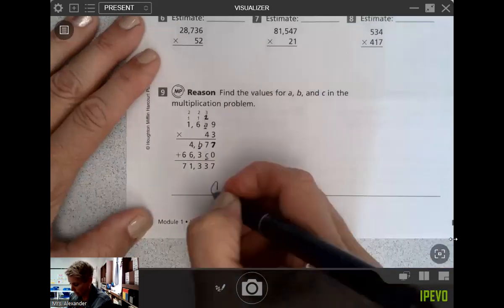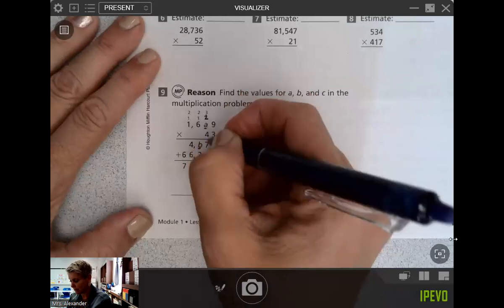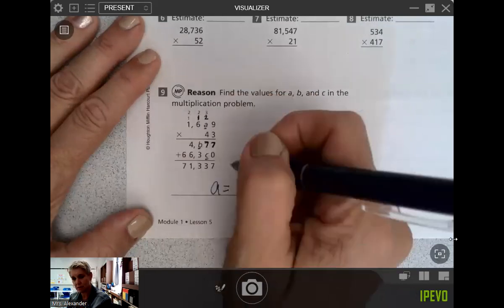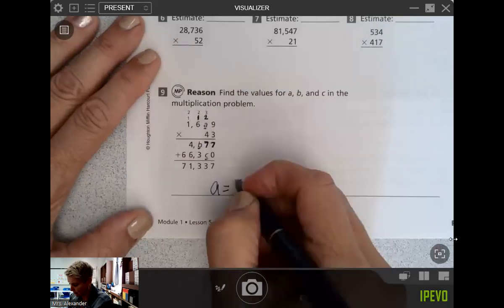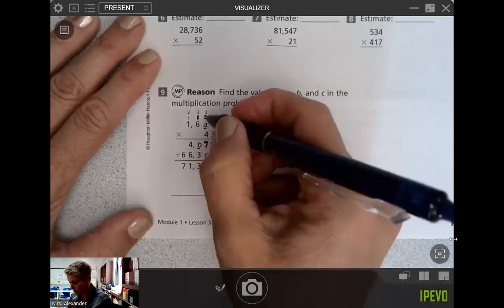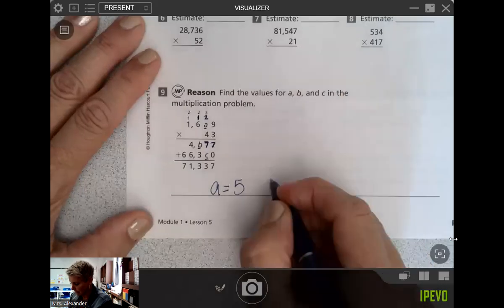So for letter A, 3 times what plus 2 would be a 7 with a 1 regrouped up here. That's the 17. So that would be, I believe, 5. 3 times 5 would be 15, plus 2 is 17, and we've regrouped. So that would be A.